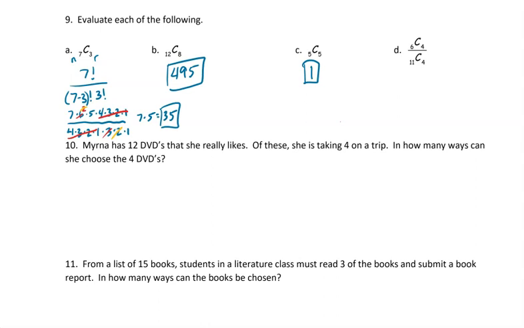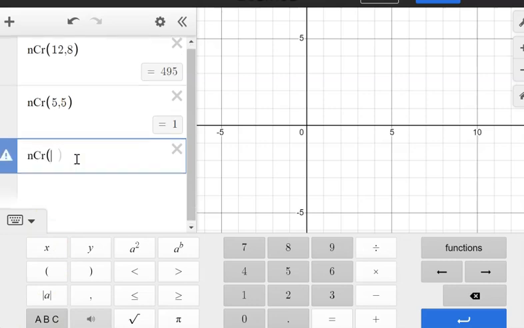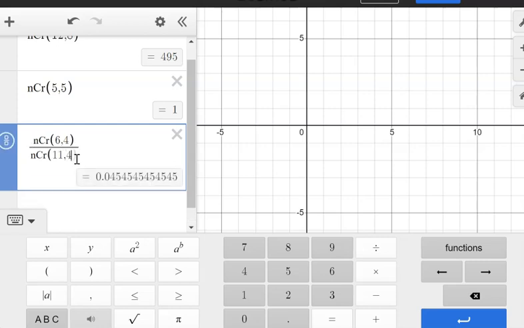All right, last one. Let's try it out. 6C4 divided by 11C4. Again, go over to Desmos. We can put this whole thing in one line if we want to. So again, nCr, it was 6C4 for the first one, divided by nCr, and it was 11C4 for the second one. Just make sure you put those commas.